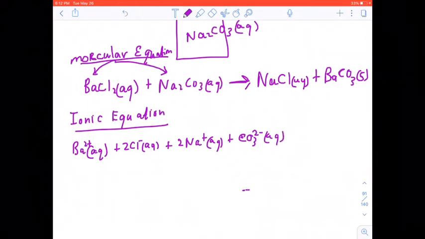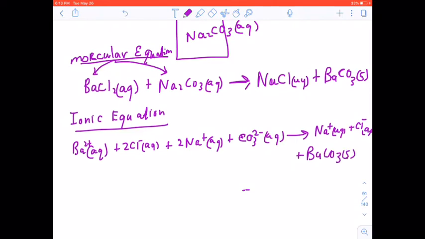Which then gives us Na+ aqueous plus Cl- aqueous plus BaCO3 solid. Okay, there you have that.